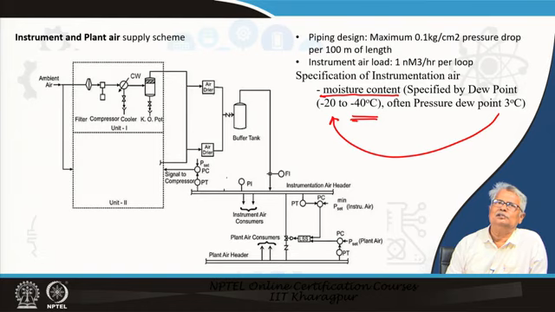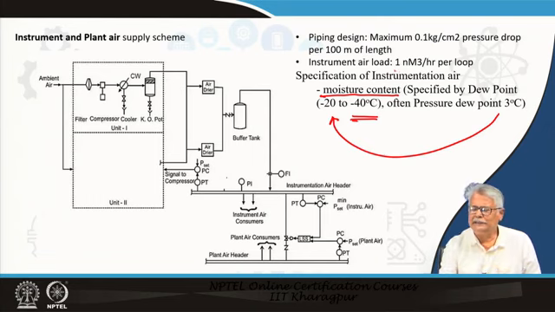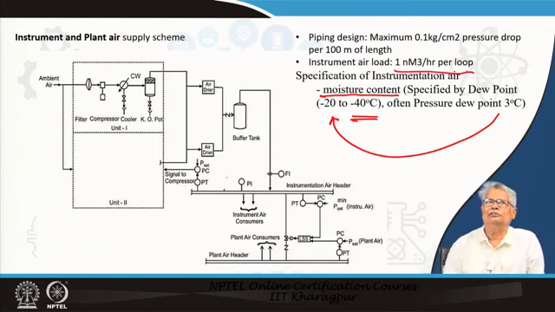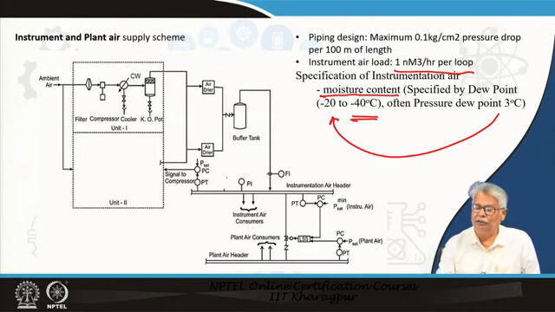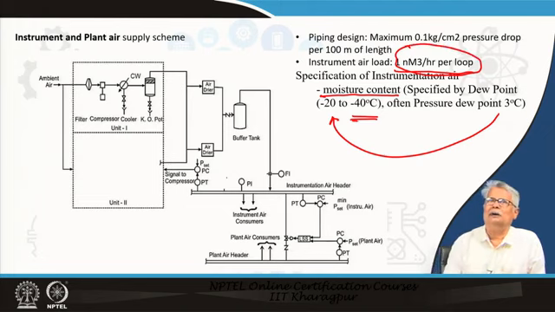Whenever you are talking of instrument or plant air, as a designer you are also required to estimate what will be the consumption of the instrument air particularly. For estimation, normally it is taken as 1 normal meter cube per hour per loop.